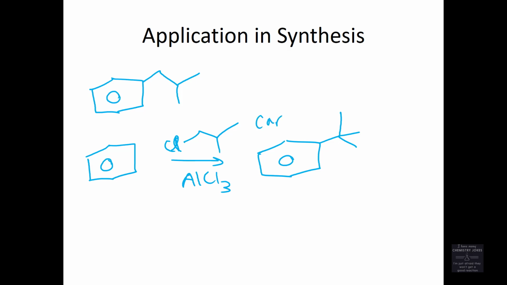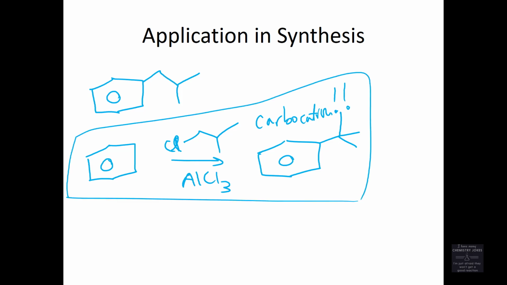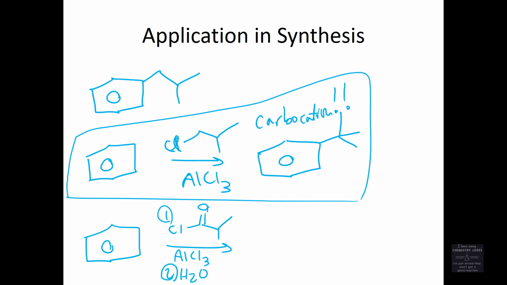A carbocation. And carbocations rearrange. So you don't get the product that you were aiming at making if you tried to do a direct Friedel-Crafts alkylation. So instead, what you could do is a Friedel-Crafts acylation, like this, AlCl3, and then you add water. Water's just there to clean up everybody, make sure the Lewis acid is gone. And that gets you an acyl group on your benzene, and then you can Wolff-Kishner that thing away.